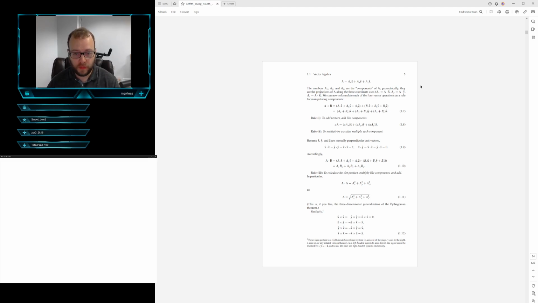So from that, we were able to define the dot product as a more rigorous definition rather than AB cosine theta. We can define it as the multiplication of each of the components of vectors A and B and adding them all together, and then you get a scalar in the end.